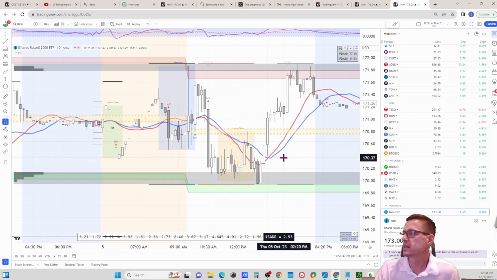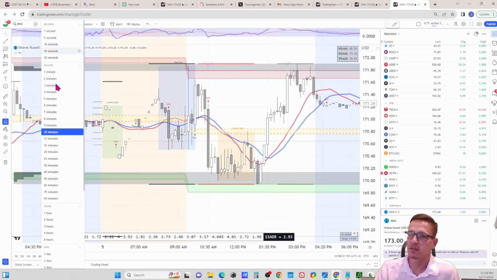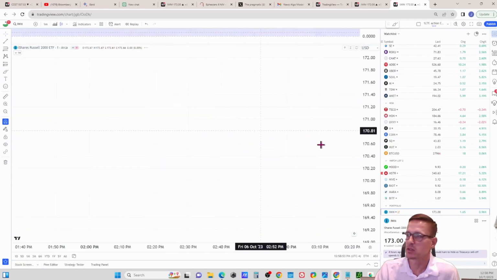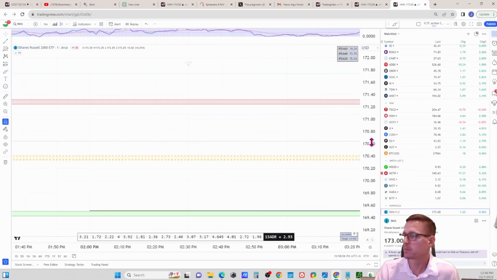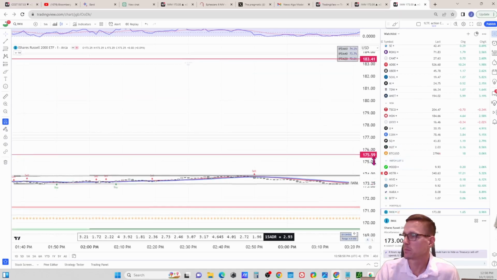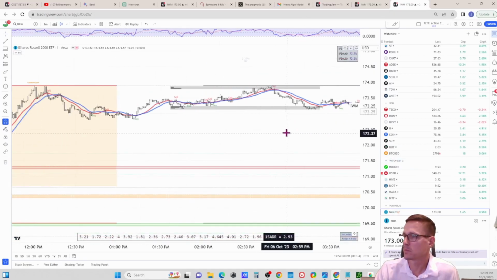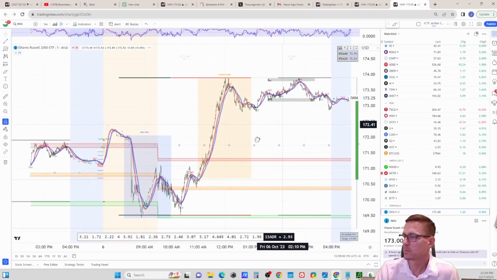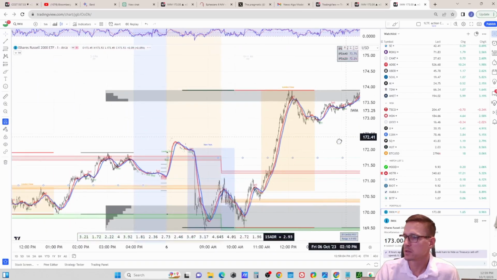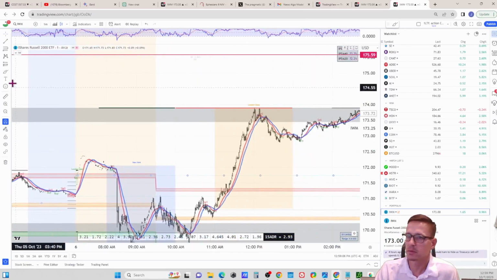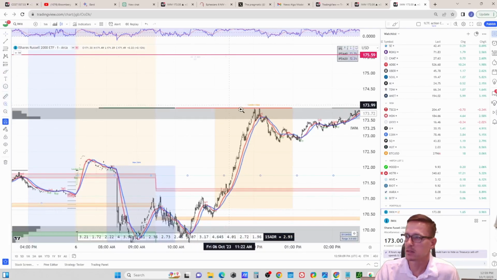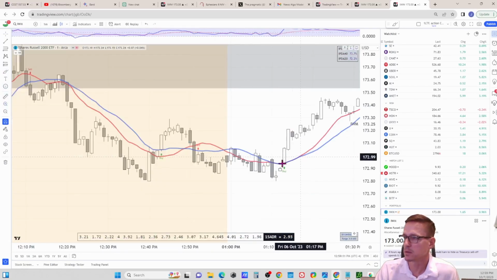So that is TA, just some generalities. Then if you go down to a 1 minute chart, let's find something that's choppy, because it's never that easy when you're live trading.